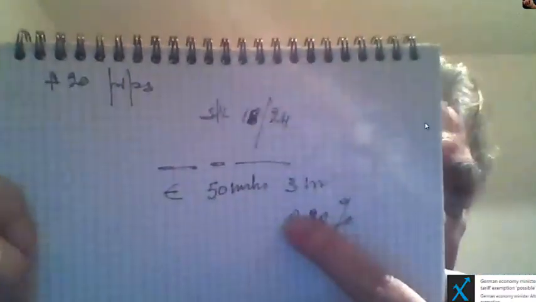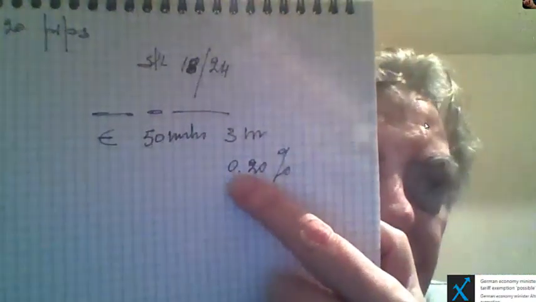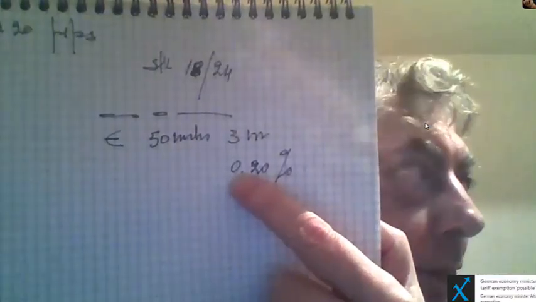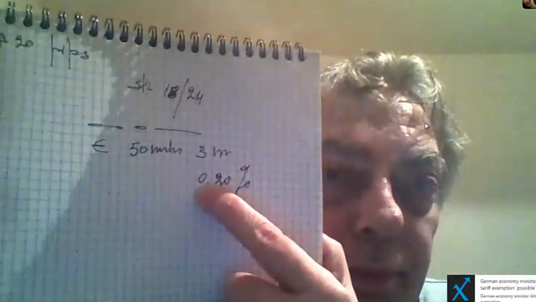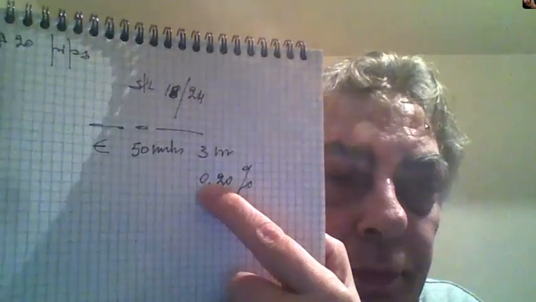Suppose the money market desk says it is 0.20%. Just an example, of course. The client says, okay, done. So the deal is closed.